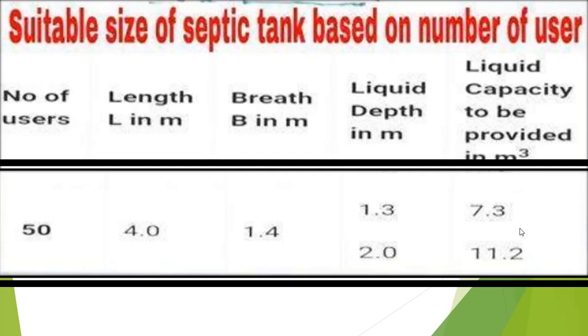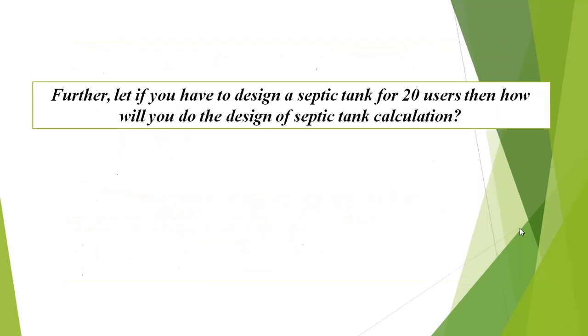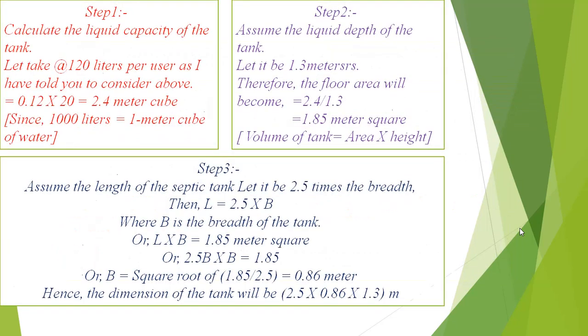Now we'll actually design the septic tank for 20 users. There are only 3 steps in designing. Step 1, first calculate the liquid capacity of the tank. Let's take 120 liters per user, as I have told you to consider above, and here we are designing the tank for 20 users.